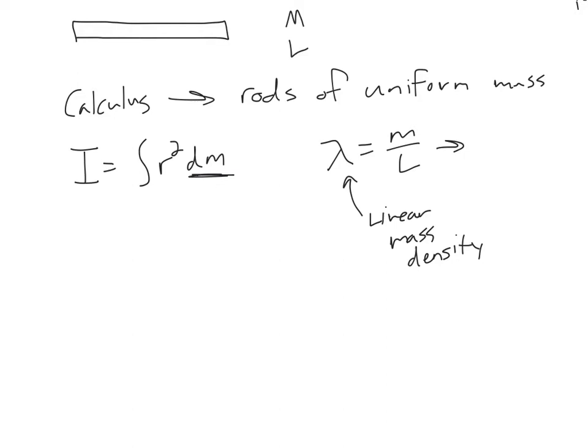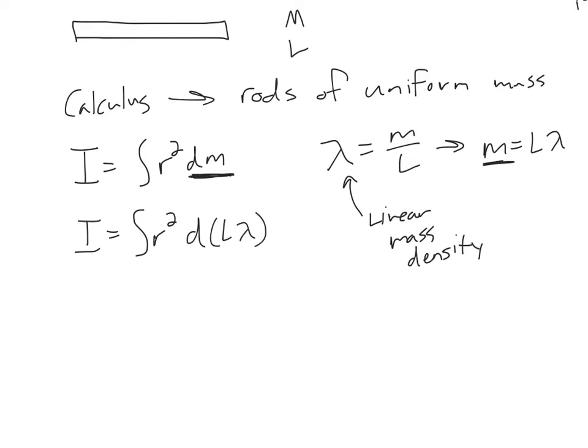We can rewrite this equation as m equals L lambda, and plug this m into the equation. So we end up getting I equals the integral of r squared d(L lambda).